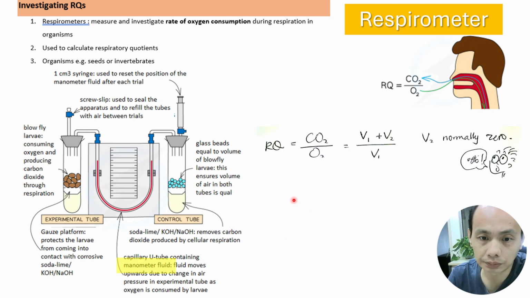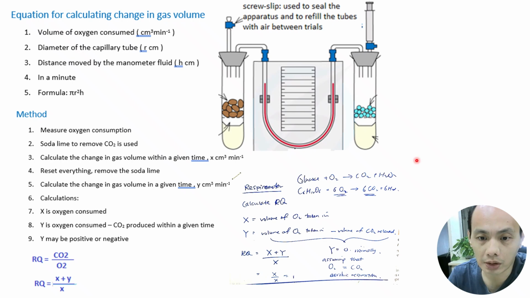If a carbohydrate is the source, the RQ will be 1. You see, RQ equals CO2 divided by O2, V1 plus V2 divided by V1. What is V2? V2 normally is 0, later we will look at the formula.